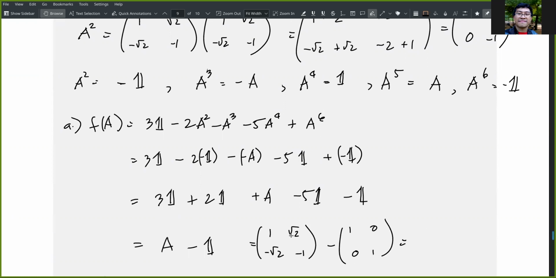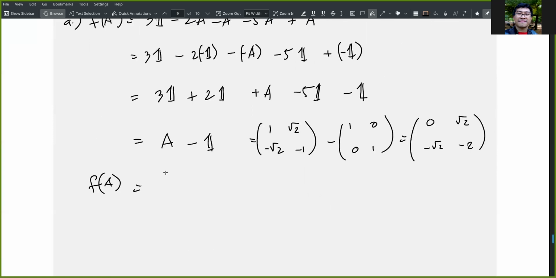That would be 1 minus 1 is 0. Square root of 2 minus 0 is square root of 2. Negative square root of 2 minus 0 is negative square root of 2. Negative 1 minus negative 1 is negative 2. So f(A) is 0, square root of 2, negative square root of 2, negative 2.